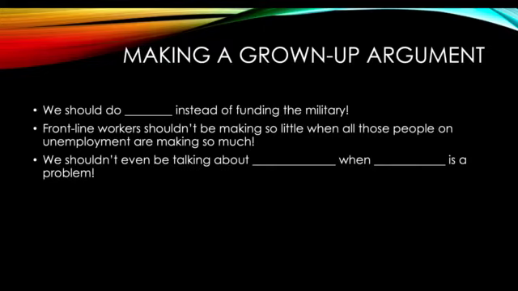Some people will say things like, we shouldn't even be talking about whatever you want to talk about when the thing I want to talk about is happening. And of course, this is ridiculous because it's not like the human brain can only handle one thing at a time.